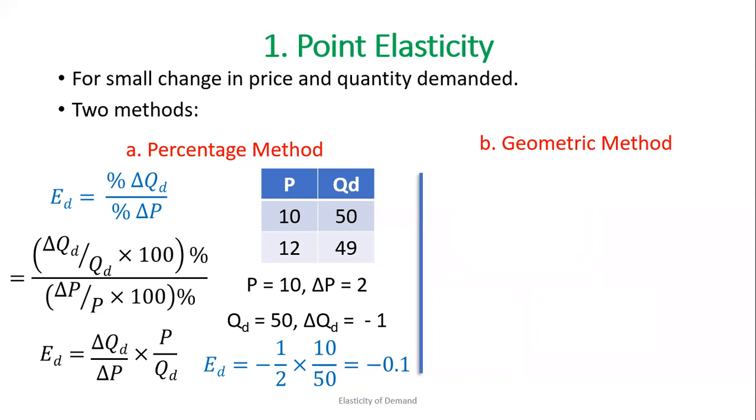Therefore, while discussing the degree of elasticity, we ignore the minus sign and compare the absolute value of the answer with 1. Since 0.1 is less than 1, we can say that this is an example of inelastic demand.